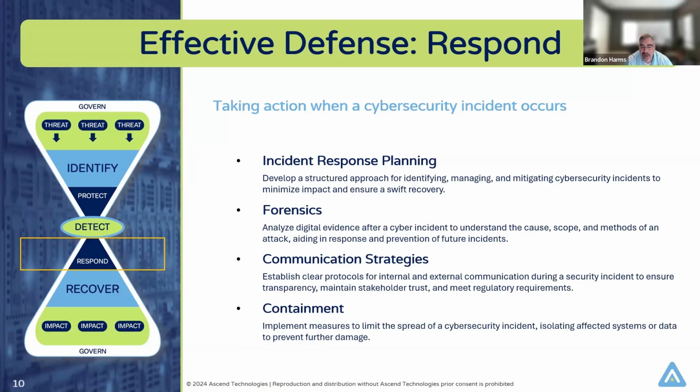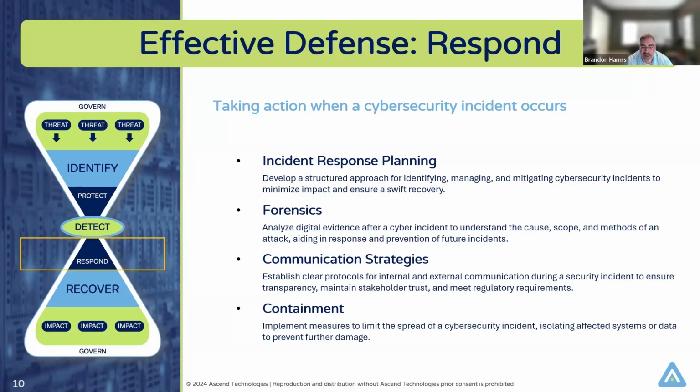So definitely have a communication strategy internally: who do we call, who do we contact, who can get us to a steady state again, what systems are involved, and do we have the skill set to make sure that we communicate with those stakeholders of those systems, but also potentially customers or regulatory bodies.